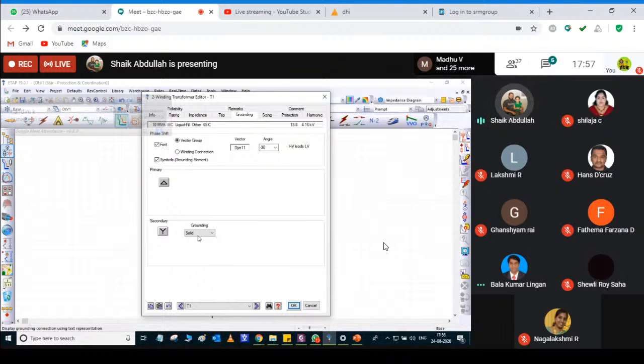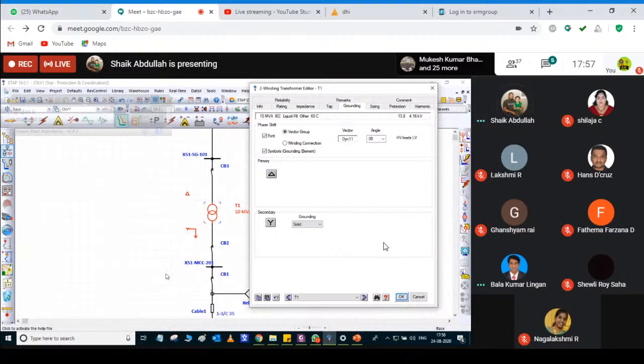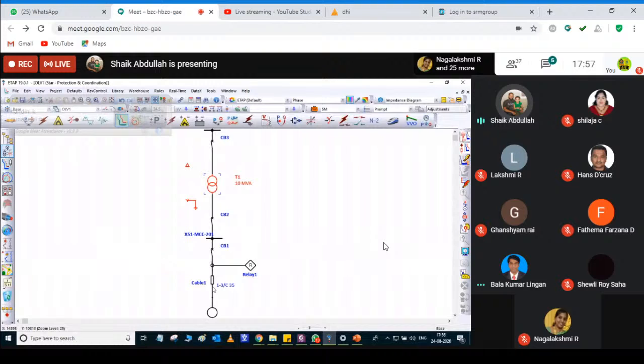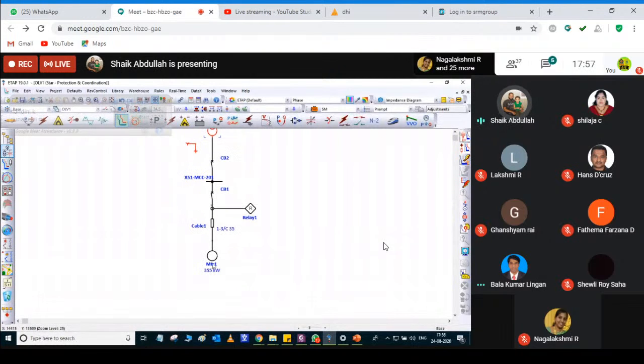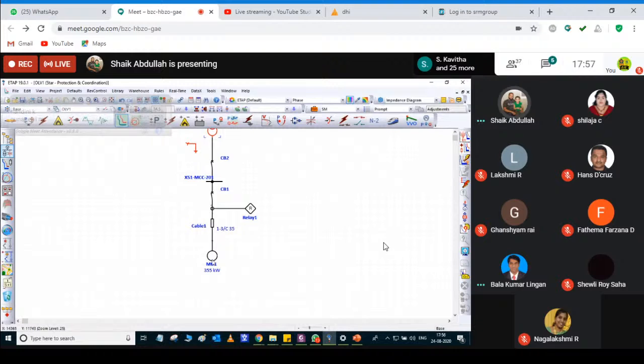System grounding is important because downstream I have rotating machineries, I have motors. When a line to ground fault occurs, one phase is grounded inside your motor, the fault current will flow through your stator core, and if it goes beyond 100 amp, your stator core will get damaged.